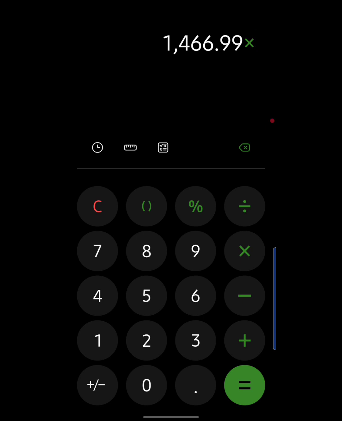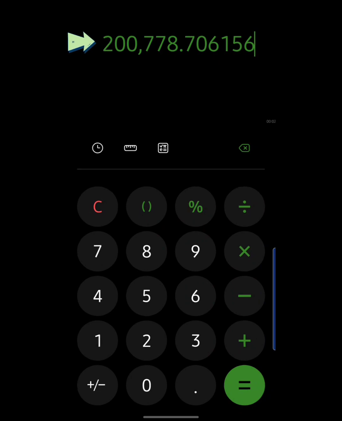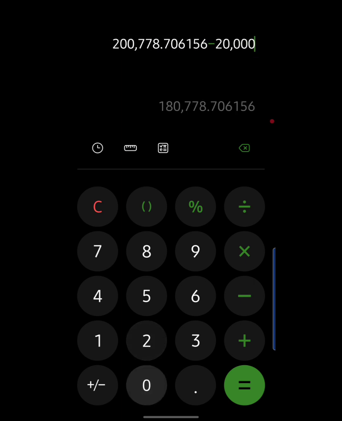Remember, it was 136.8644. As you can see over here, guys, this is equal to 207,078.706156.